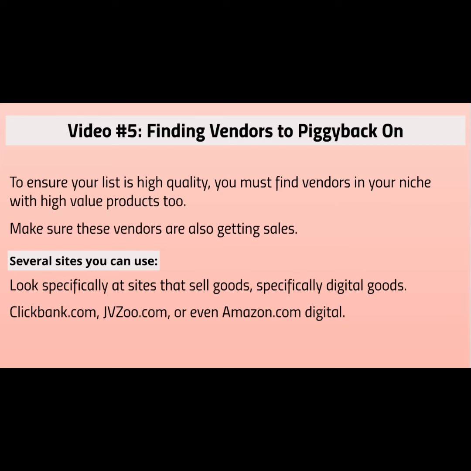Now, there is another site called jvzoo.com, but keep in mind jvzoo.com specifically targets primarily businesses and marketers, so business-to-business type lists. So let's go ahead and take a look at these sites, and that way you can get a better idea of how to find vendors to piggyback on.